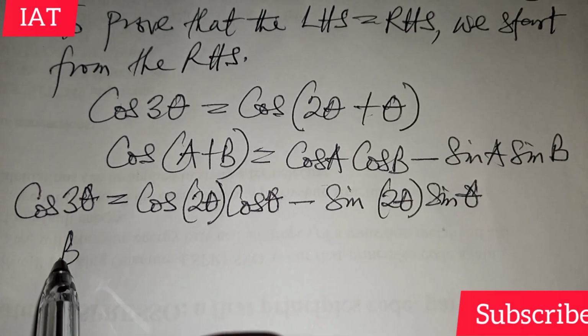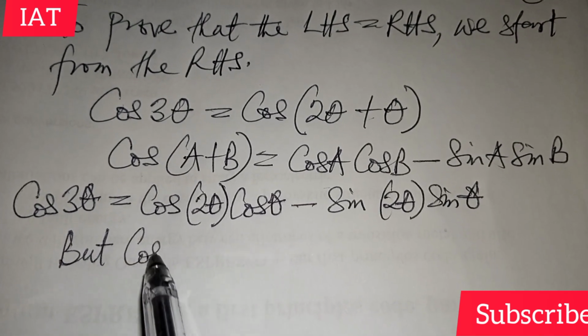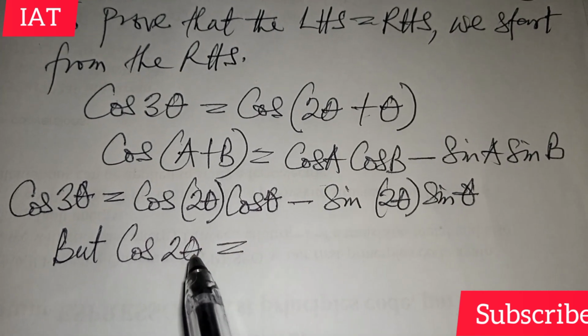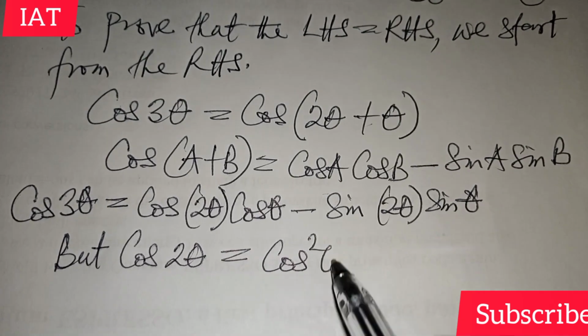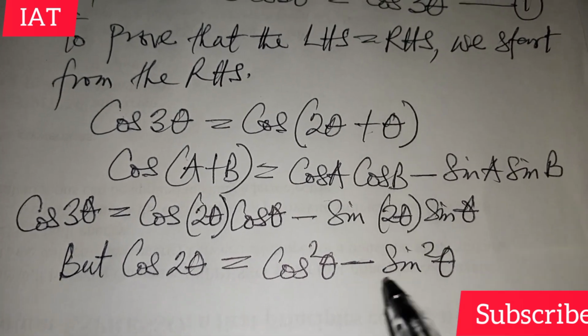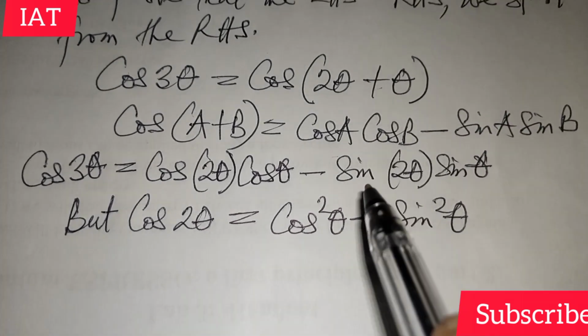But we know that cos 2 theta has a meaning in trigonometry, and the meaning of cos 2 theta is cos square theta minus sine square theta. It is a formula; if you go through your trig identities, you will see that.